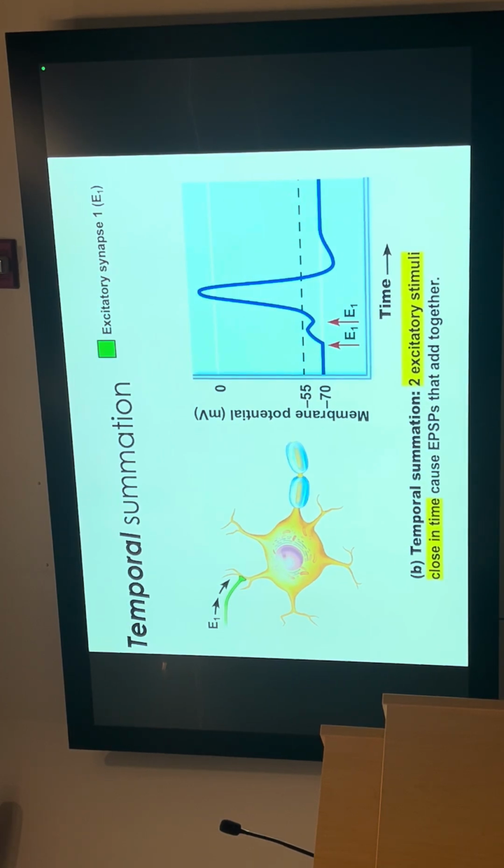Before one has a chance to come back down, another one comes, and that's enough to reach threshold. Usually it wouldn't be just 2, it's usually like 30 or so. We have to go 15 millivolts to get there. If each stimulus only raised us half a millivolt, and we have to go 15, that would be 30. We don't need to know the math there, but it's more than just 2.